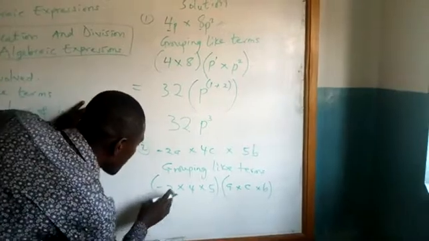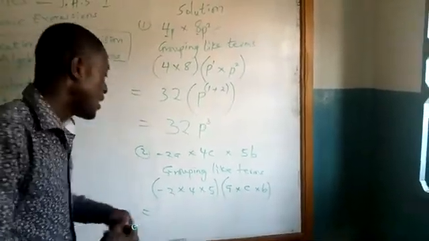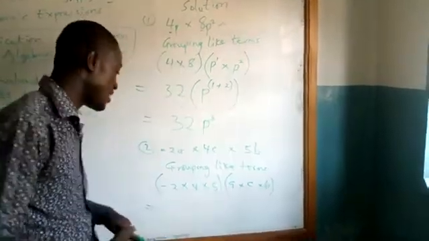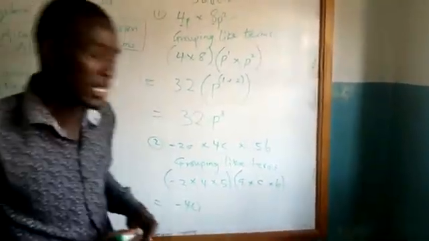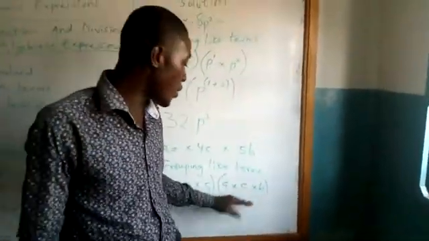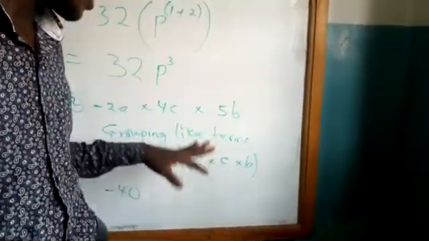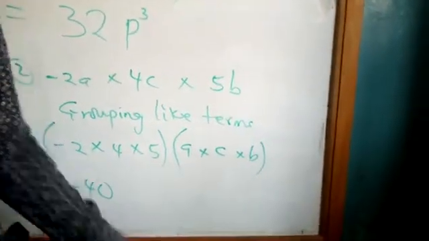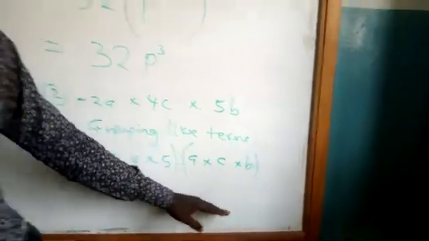Right now we have negative 2 times 4 giving us negative 8. And negative 8 times 5 gives us negative 40. So we write it here. Then we come to the second bracket which contains the variables. Here we have variables which are different from each other. They are not the same, so we can't apply the law of indices here.